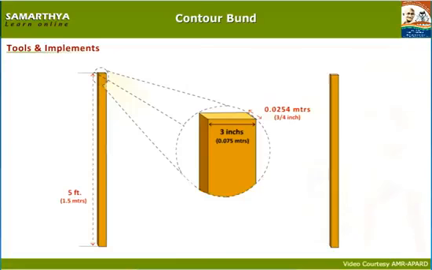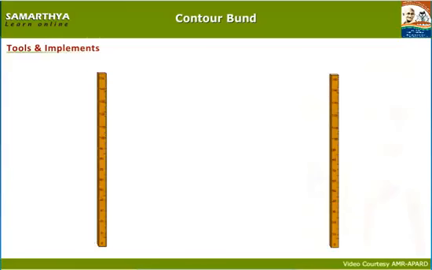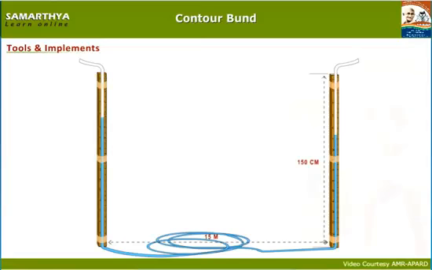Paste the 2 tailor tapes of 1.5 meters length at the center of each wooden panel. Paste 2 level pipes of 1 inch thickness, 18 meters length on wooden panels with the help of a tape. This implement looks as shown on the screen.